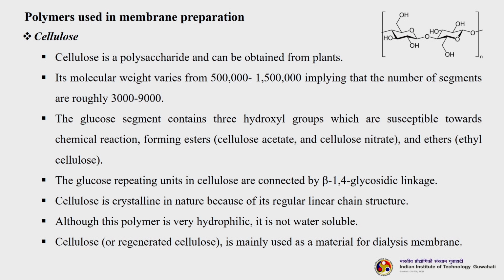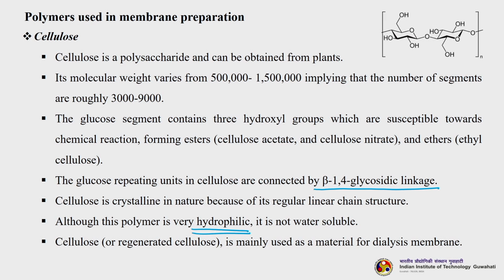The glucose segment contains 3 hydroxyl groups which are susceptible towards chemical reaction, forming esters such as cellulose ester and cellulose nitrate, and ethers such as ethyl cellulose. The glucose repeating units are connected by the beta 1,4 glycosidic linkage. Cellulose is crystalline in nature because of its regular linear chain structure. Although this polymer is hydrophilic, it is not water soluble.